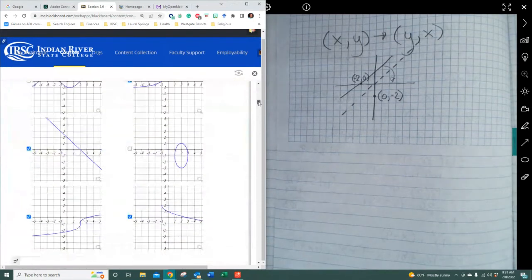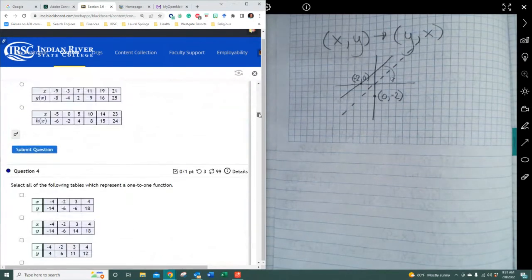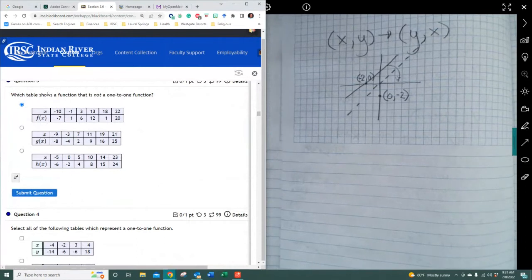Now when we're looking at a relationship, which of the following functions is not a one-to-one relationship? We see that the 1 and 1 is repeated for the outputs, so that fails the horizontal line test. That would be our answer for that one.